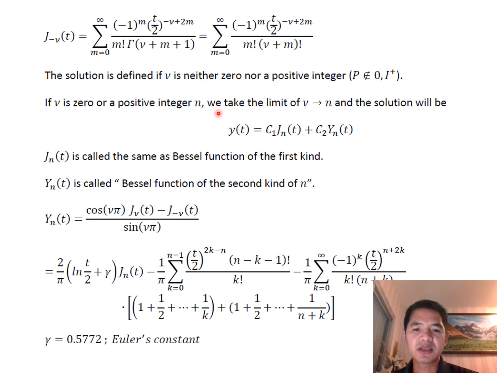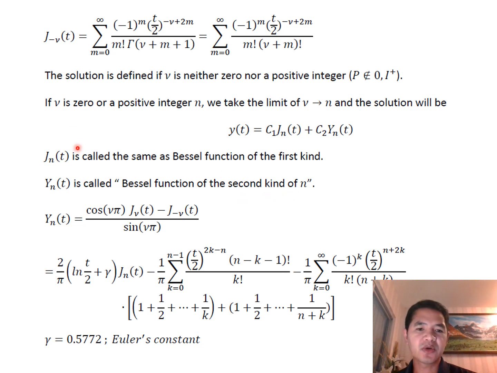Then the answer is going to be in this form: y of t equals c1 Jn of t plus c2 Yn of t. Jn is the same as in the previous slides, Bessel's function of the first kind, and Yn here is called Bessel's function of the second kind of order n.